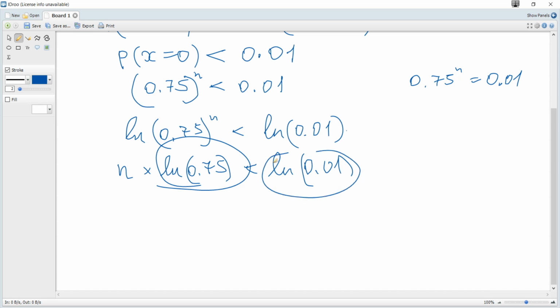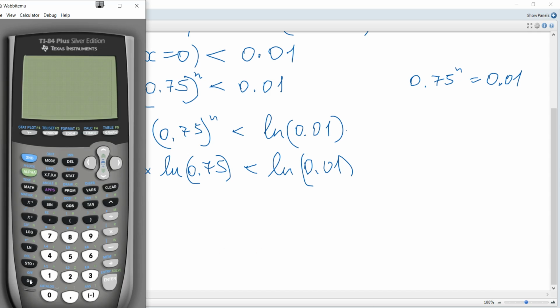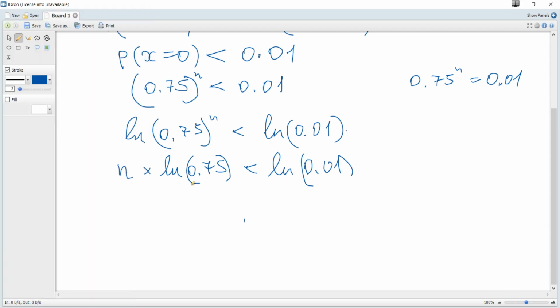Notice that ln of 0.75 is a negative value, and to get just n, we divide both sides by ln of 0.75, but it's negative, so we should flip the inequality sign.